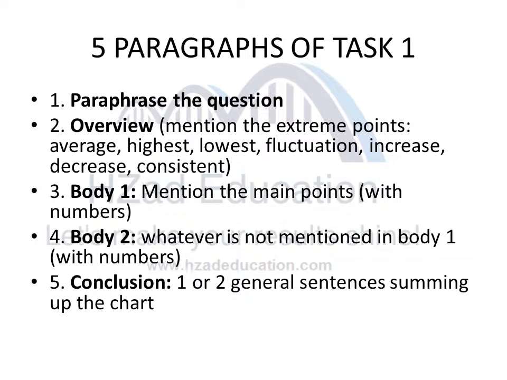Definitely, we talk about increases, we talk about decreases, but things that we can see and that will strike us right away. For example, if I see the highest point of a chart, I want to mention that. If I see the lowest point of a chart, I want to mention that. If I'm seeing the years 1990 to 1994, it's consistent, then 1996 to 2000, it's consistent, I'm not going to mention that.